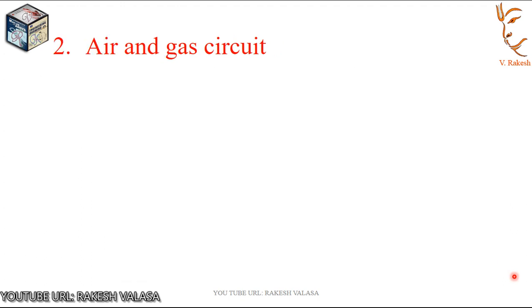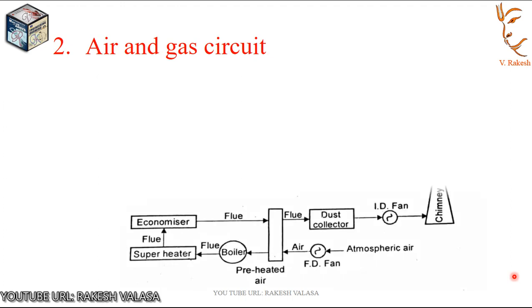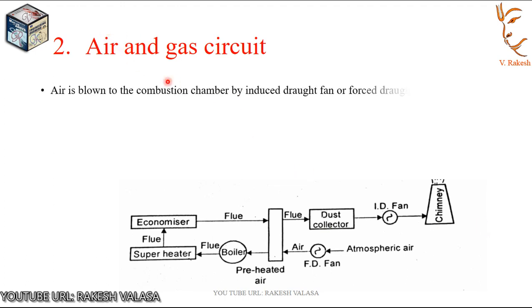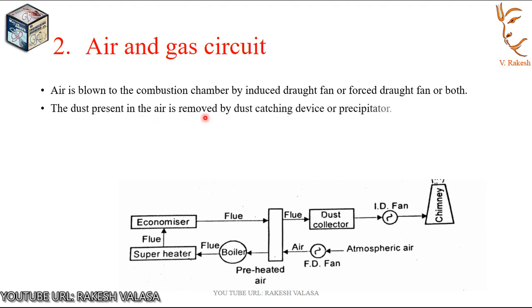Second one is the air and gas circuit. It consists of air preheater, air filter, dust collector, and chimney. In this, air is supplied to the combustion chamber of the boiler either by forced draft fan, induced draft fan, or both. The dust present in the air is removed by a dust catching device or precipitator.